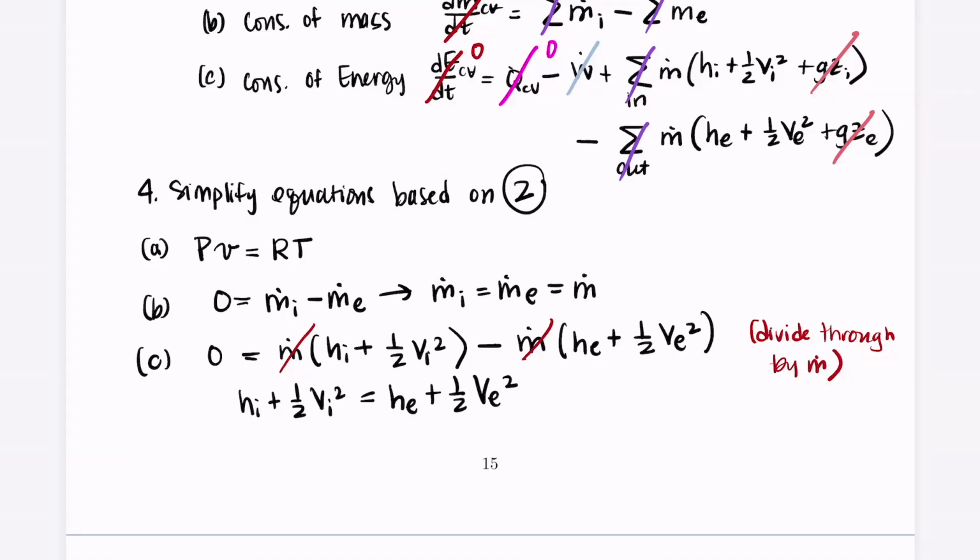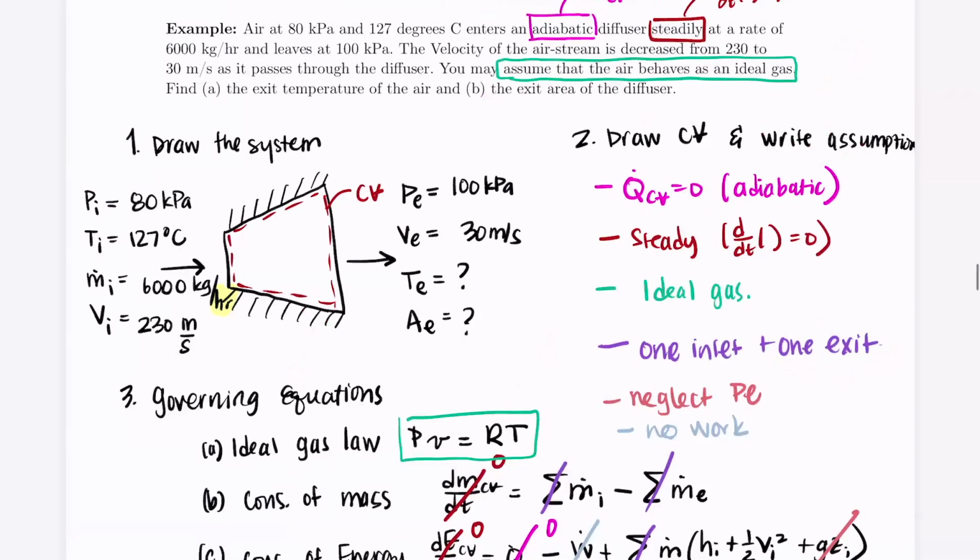Okay, great. Let's remind ourselves what we're trying to figure out. We want to find the temperature at the exit, and we also want to find the area at the exit.